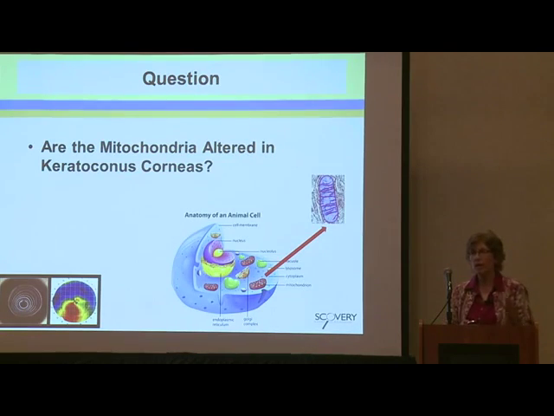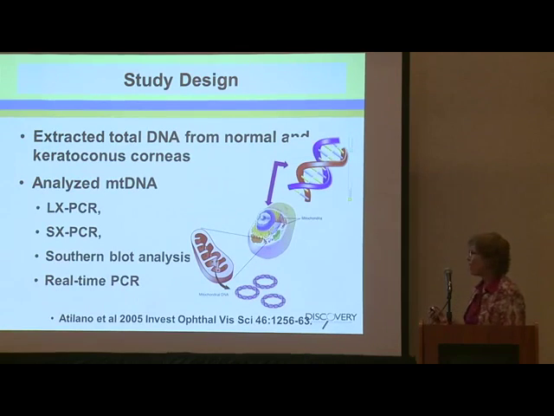So every cell has mitochondria. We absolutely need them. Now, mitochondria are really special and unique because in the nucleus, everybody knows we have DNA. You get half your DNA from your mother, half the DNA from your father. Mitochondria have their own DNA, and you only get it from your mother. Your dad doesn't give you any of the mitochondrial DNA. So that's what makes it so good to analyze.